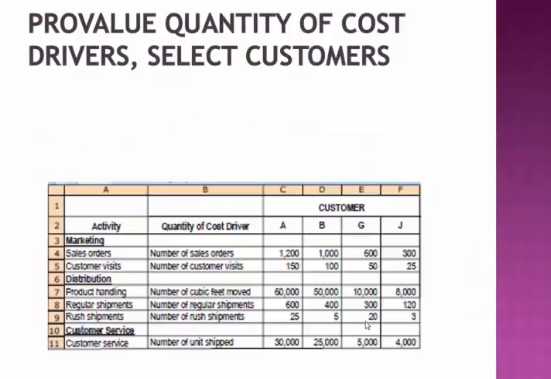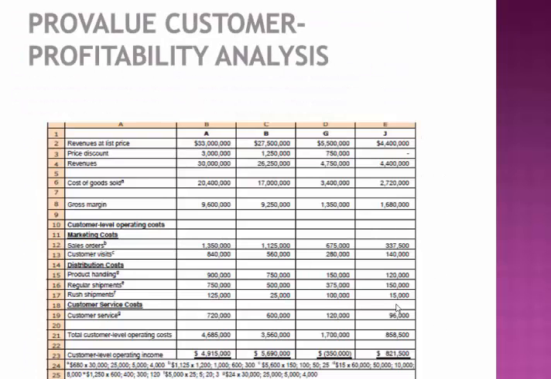Knowing those numbers, we can pick up the rush shipment quantities per customer and the regular shipment quantities per customer and do the math. 600 times the regular shipment cost for A and 25 times the rush shipment cost for A, and we could put those numbers here, 750,000 and 125,000. Again, regular shipments by customer, rush shipments by customer. Putting those numbers, spreading them out.